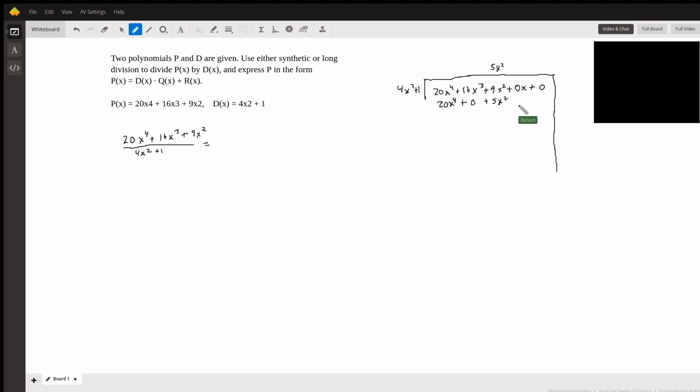You have to be so careful to get everything lined up. We're going to subtract now, so this minus this is going to give you 0. I'm just going to leave that blank.